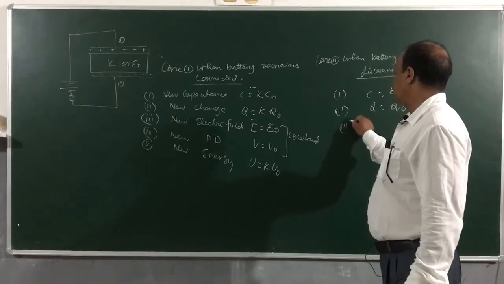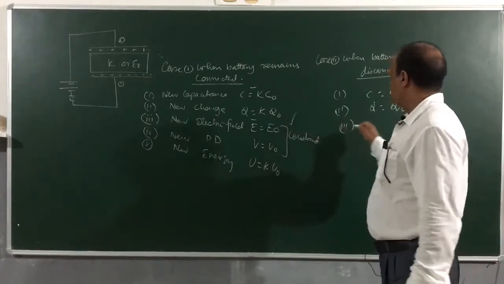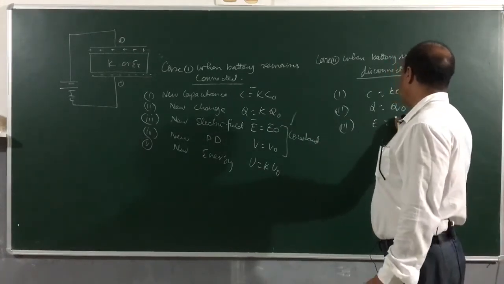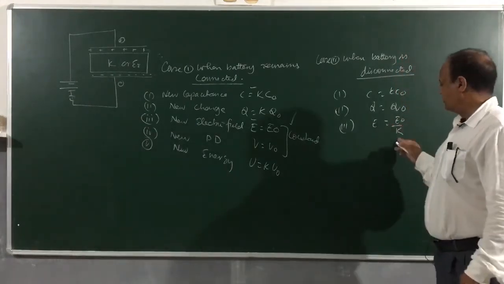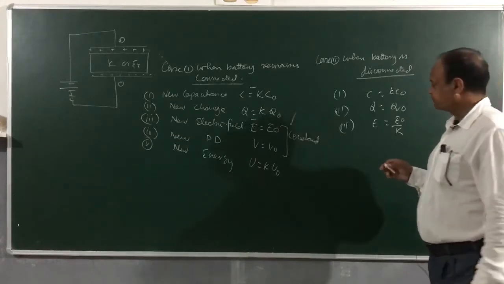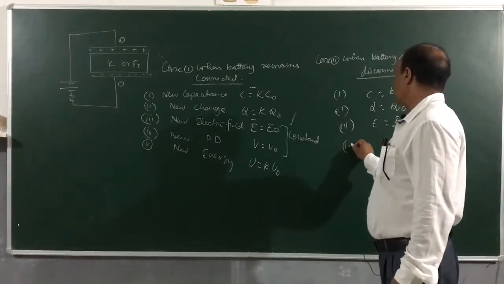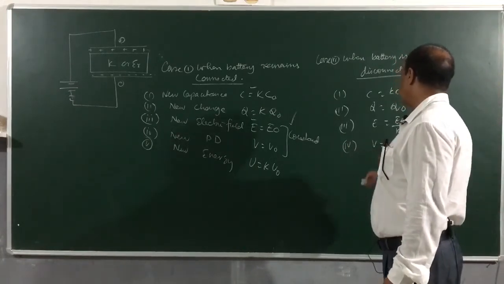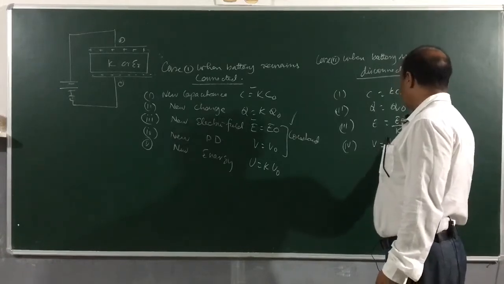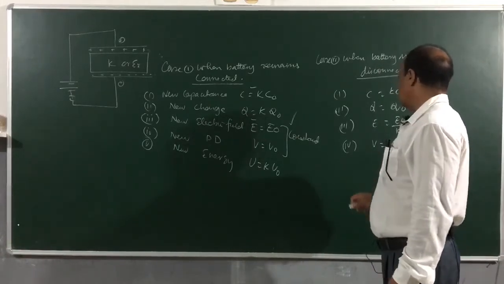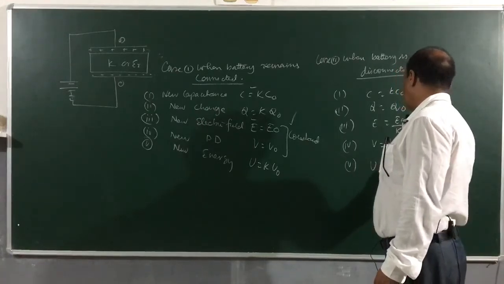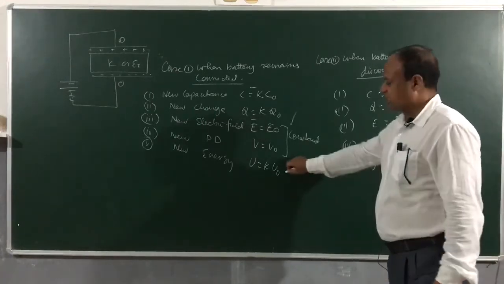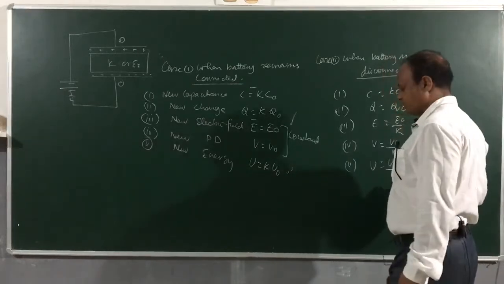Number 3, new electric field E will be E0 by K. Electric field will decrease, it will become 1 by K times. Number 4, V will become V0 by K, it will also decrease. And number 5, its energy will become U0 by K. Here it is K into U0, here it is U0 by K.